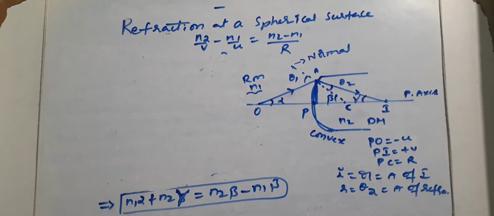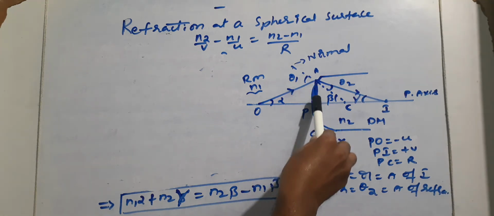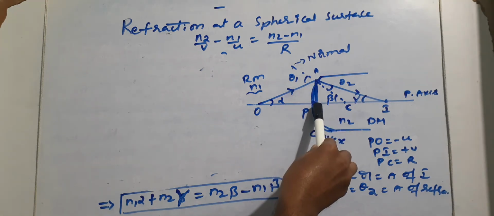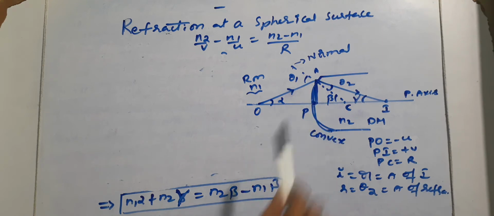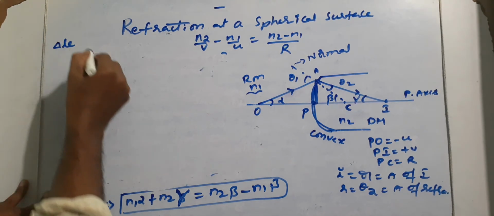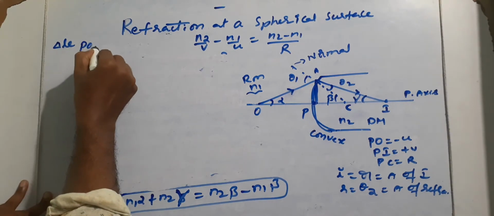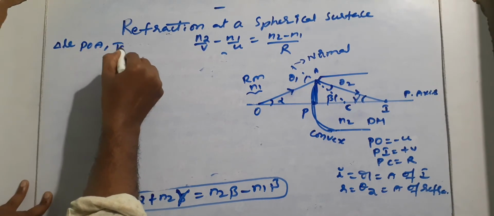Students, already we said from the point A to the principal axis, a straight line, that is a normal line, a perpendicular line is drawn, which is also coinciding at P. So now from the triangle POA, we are taking tan alpha.